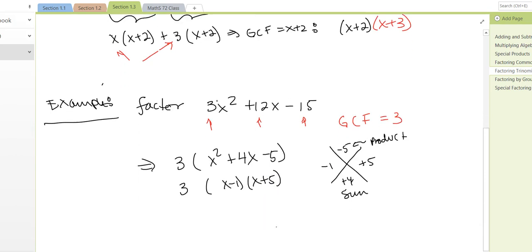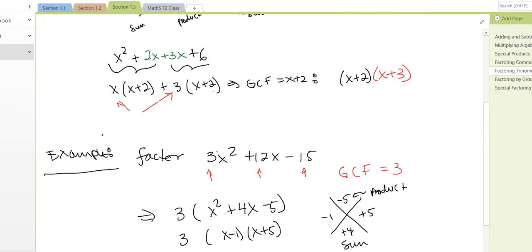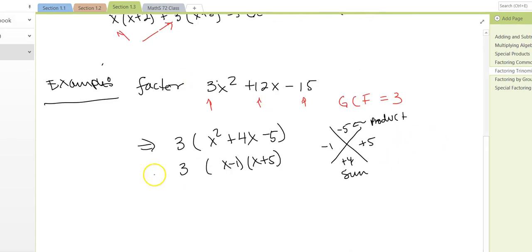You can also try it the long way, where I did it as before, with splitting up the middle term as 2x and plus 3x, so we could have done that here. So doing it the BC way, I could have said this is x squared minus 1x, with my minus 1, plus 5x, and then minus 5.